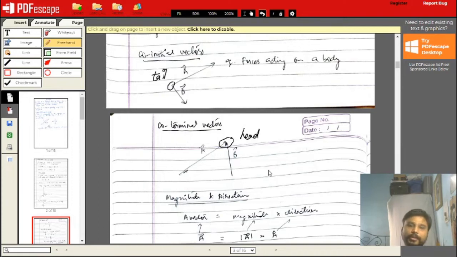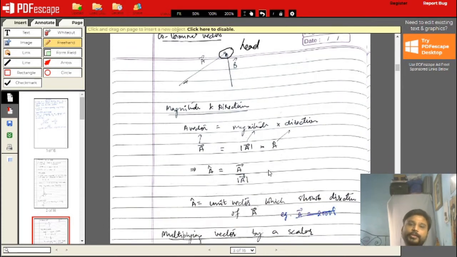Next, we revisit the magnitude and direction of the vector. The vector is made of a magnitude, that is how long it is, and its direction, that is in which direction we want the vector to be. So the magnitude of a vector is represented by the vector with a mod sign around it, and the direction is simply A cap. So we multiply the direction and the magnitude to get the vector. Now if we want to write the direction of a vector, then we know that the magnitude is only a scalar quantity.